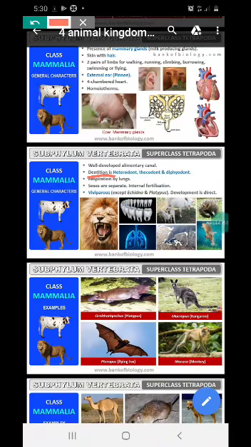That is, we are heterodont. Heterodont means we have 4 different types of teeth inside our mouth. We will learn this in the digestive system. It is thecodont because the teeth are well lodged inside the gum sockets. That's why it is called thecodont.